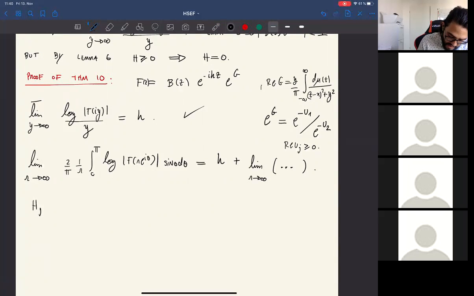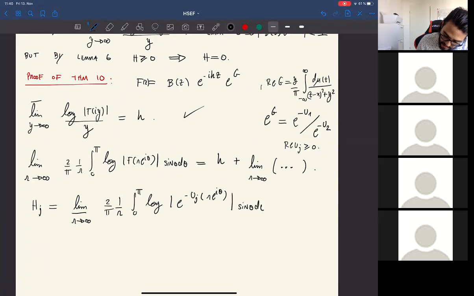Let me define capital H as the lim inf when r goes to infinity of 2 over pi, 1 over r, the integral from 0 to pi of the log of the modulus of e^{u_j} of r e^{-i theta} sine theta d theta.